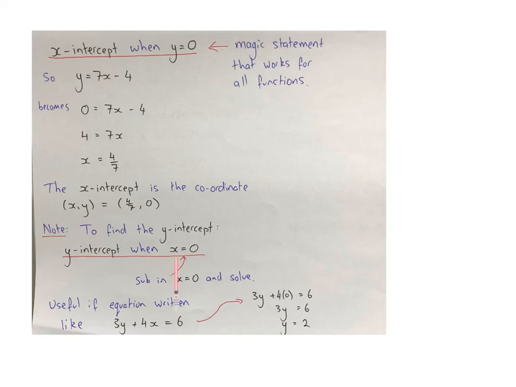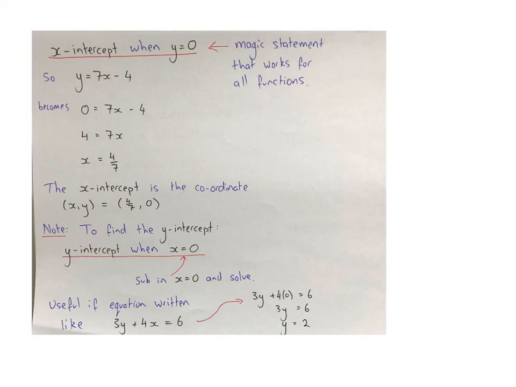If you want to find the y-intercept, that is when x = 0. So we need to sub in x = 0 into our equation and solve. It doesn't make much sense when we have y = 7x - 4 because we can read the y-intercept off from this form. However, if the equation is written differently, perhaps like 3y + 4x = 6, then we can't read the y-intercept off this straight line equation and we need to solve.